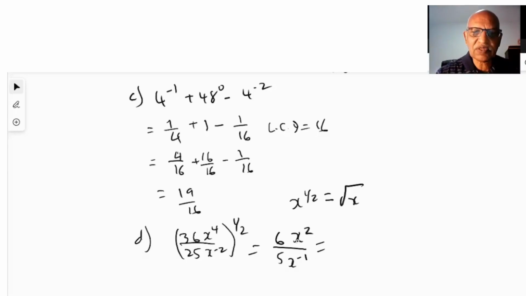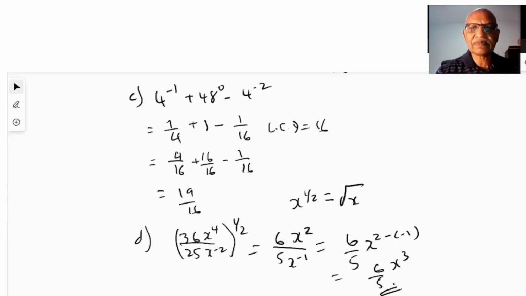So since they are both the same, x and x, I subtract 6 over 5, 2 minus minus 1, which is x to the power of 3. This is 2 minus minus 1. Therefore, my final answer will be 6 over 5, x to the power of 3. Okay, so that is it for these simple examples.